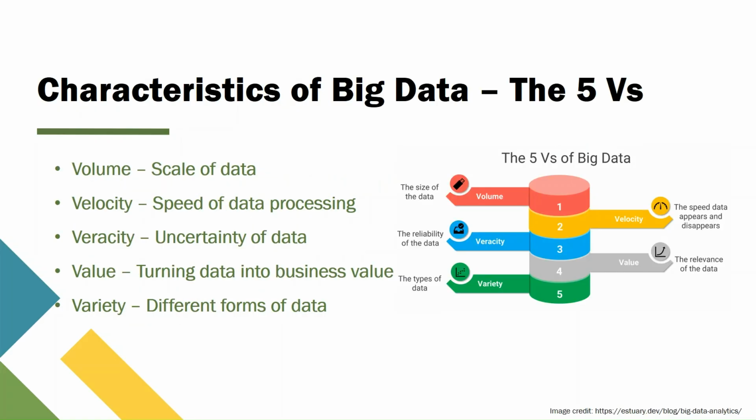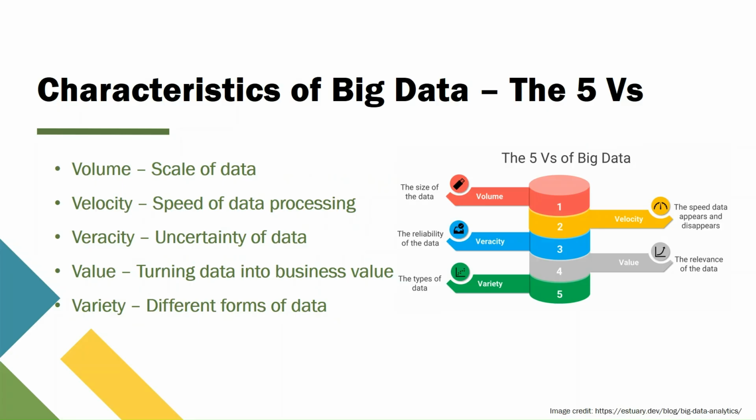So, these are a few characteristics of big data, otherwise called the five V's: volume, velocity, veracity, value, and variety. The volume is the size and scale of the data, the velocity is the speed at which the data will be processed, the veracity is the reliability of the data, and the value is the relevance of the data, turning data into business value.